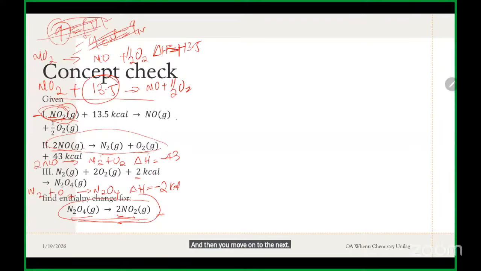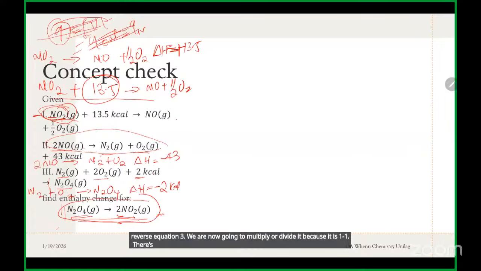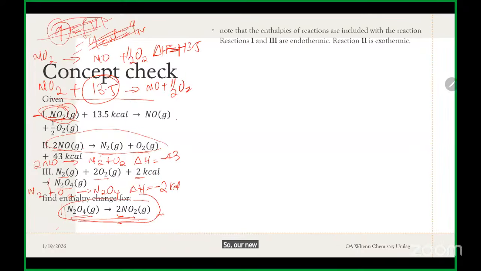So if you look at N2 plus O2, this is energy. Then we have N2O4. It's on the product side here, but we want to bring it to the reactant side. It means we will also reverse equation 3. We are not going to multiply or divide it because it is 1, 1. There's nothing. So our new equations, know that the enthalpies are included.